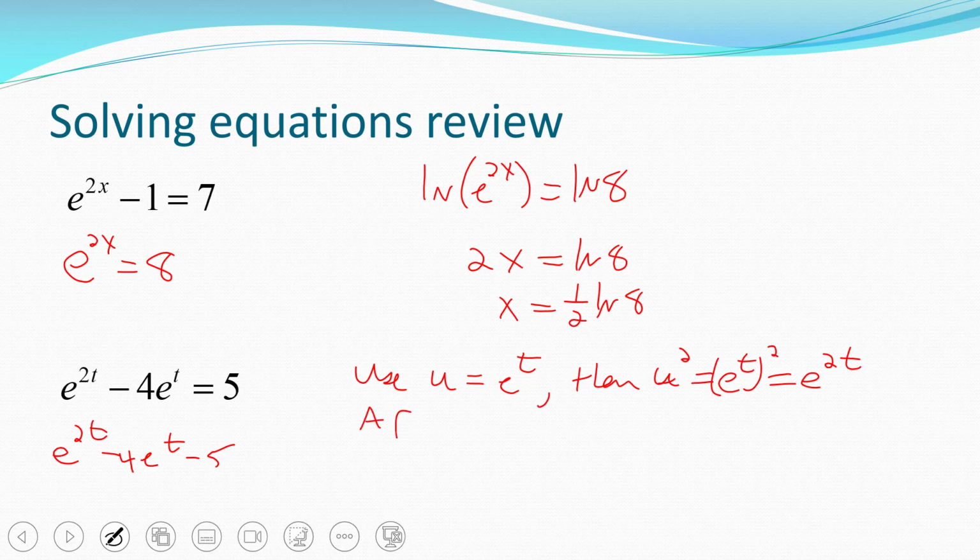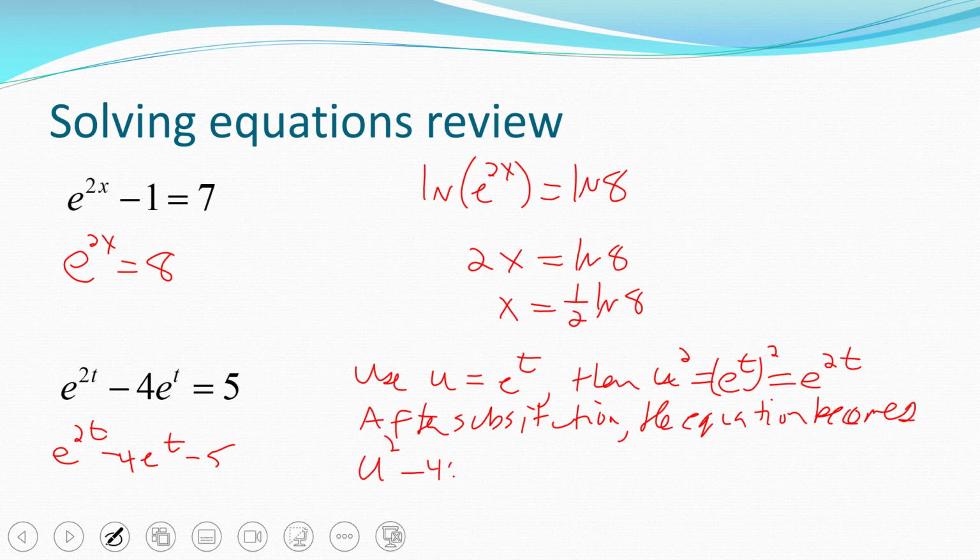After substitution, the equation then becomes u squared minus 4u minus 5 equals 0.